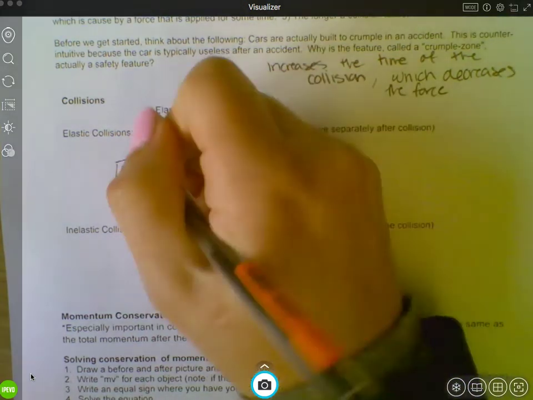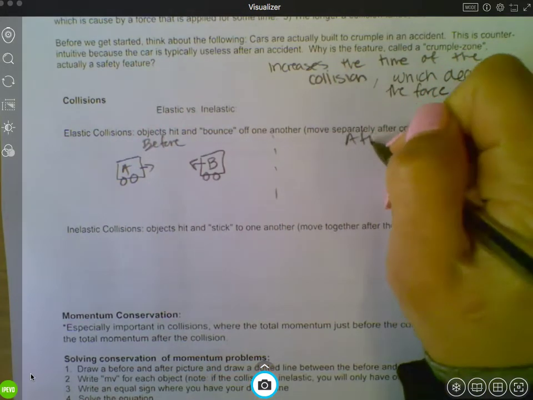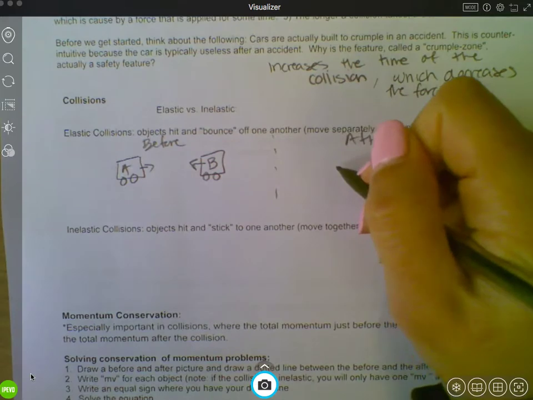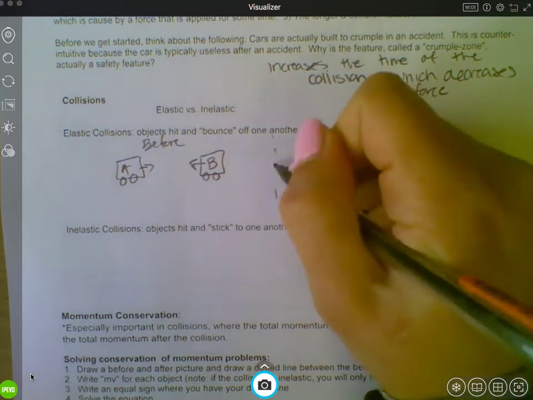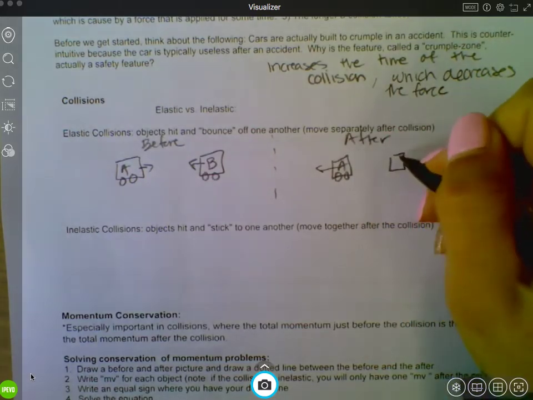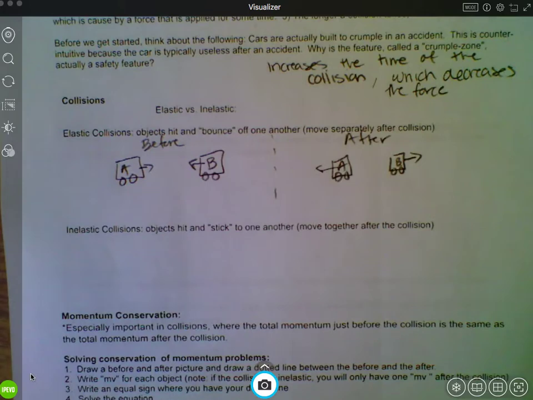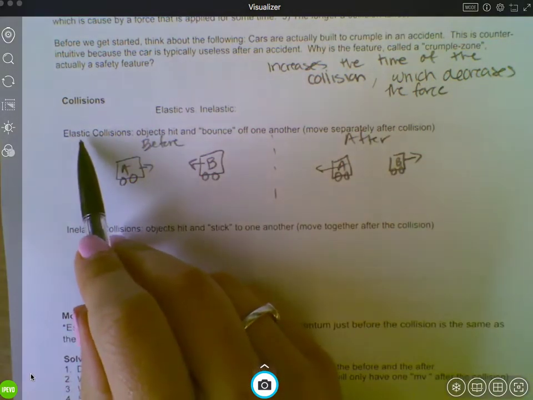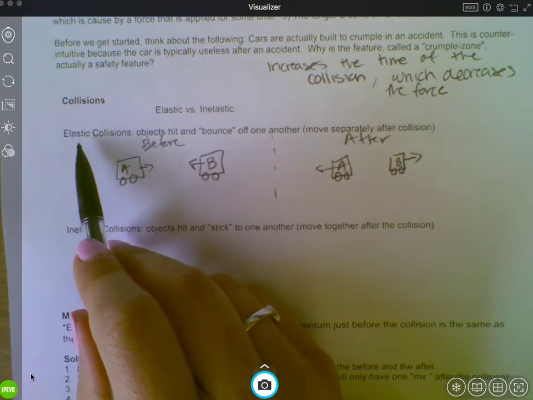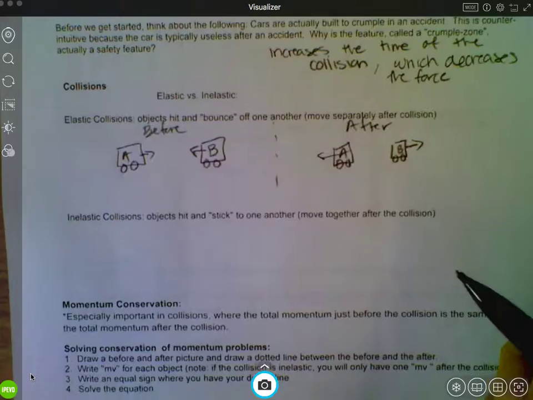This is the before picture, and this is the after. After they hit, car A is now going backward and car B is now going to the right. So they hit and they bounce off. I remember this because elastic is like a rubber band, it's kind of bouncy. So they bounce off of one another.